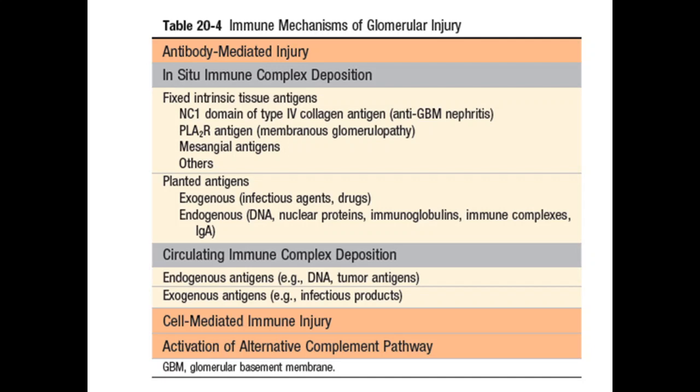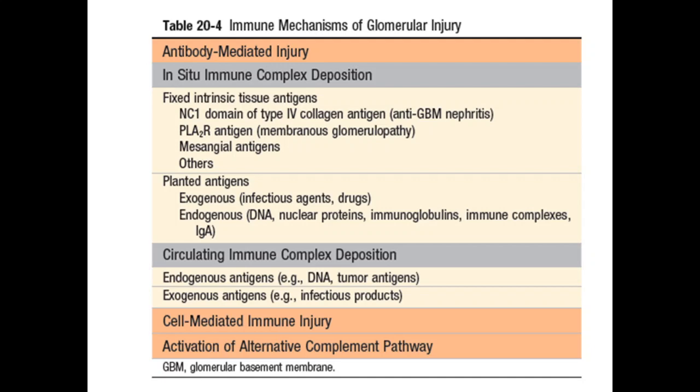So the first one, immune complexes deposition in situ, develops against mesangial antigens, and of course the type 4 collagen antigen, and in membranous glomerulopathy with the fraction of antigens. Planted antigens, guys, are divided into types like exogenous and endogenous.